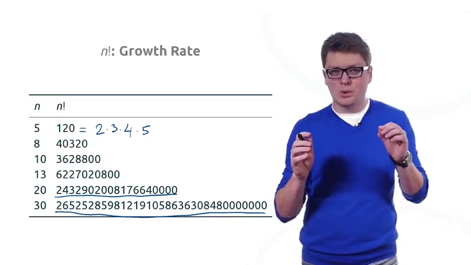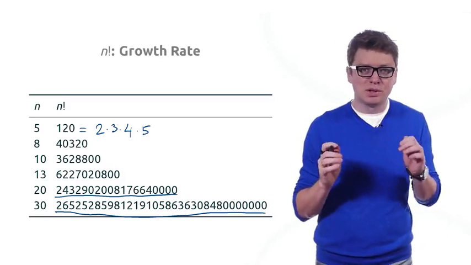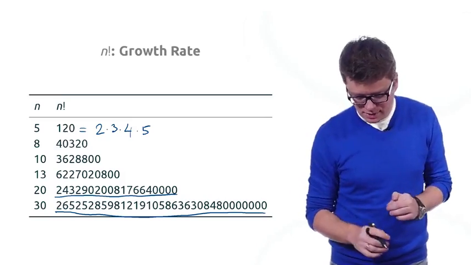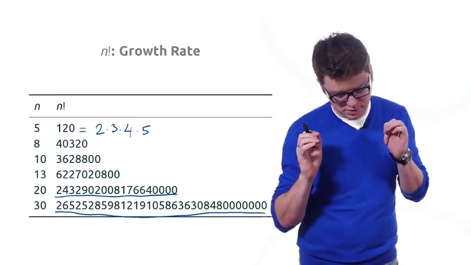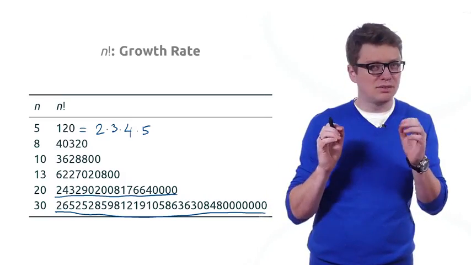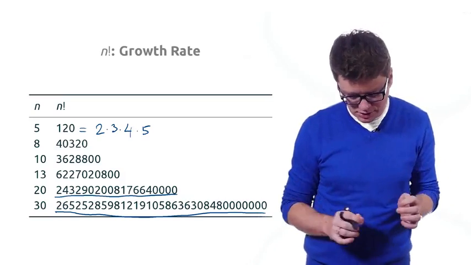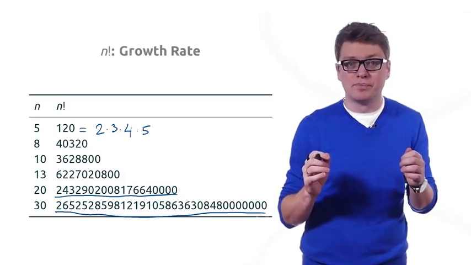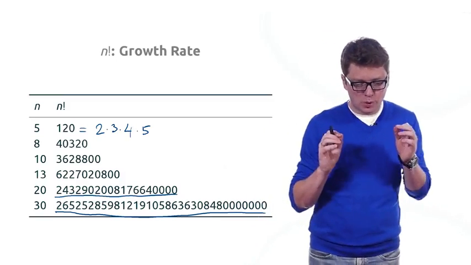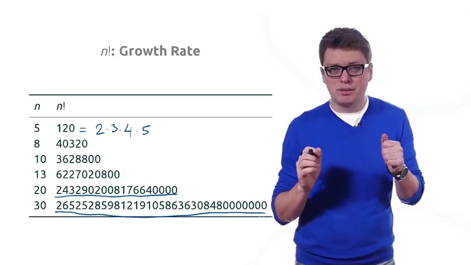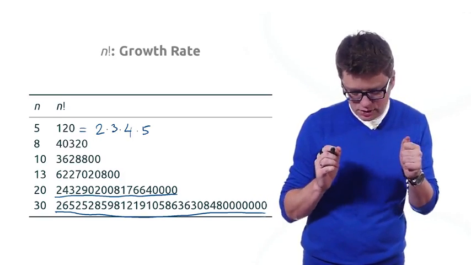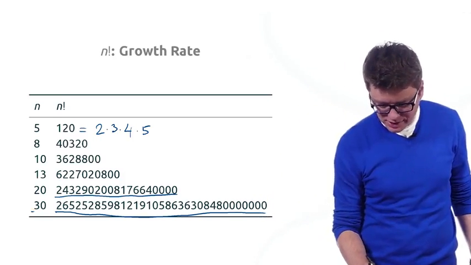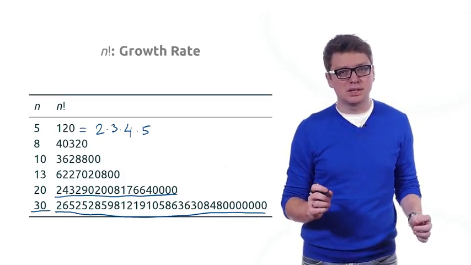So definitely our modern laptops are not able to perform so many operations per second, and not even in an hour or even in 1 year. So an algorithm working for n factorial operations is not going to be practical even for n equal to 30, unfortunately.